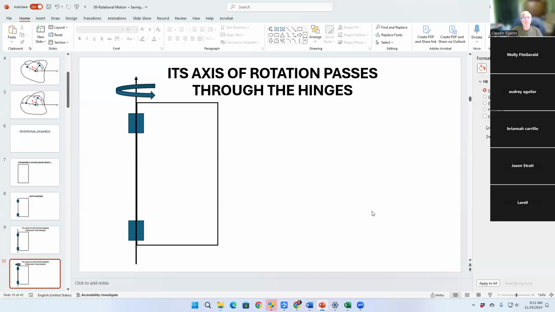It can rotate about this axis. You can go in both directions, either clockwise or counterclockwise. That's what this door can do.